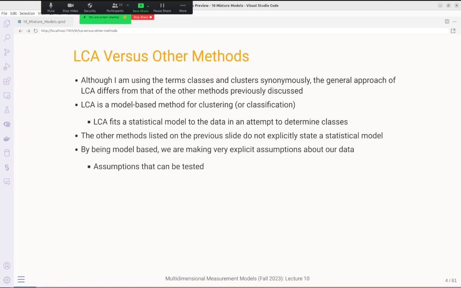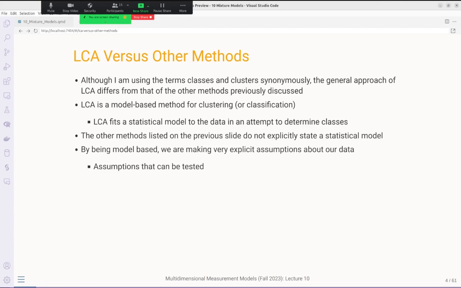So although I'm going to use the terms classes and clusters synonymously, this general approach of latent class analysis differs from some of the methods that I just mentioned on the previous slide. In particular, latent class analysis is model-based. Literally, you have to define a statistical model for one class and then generalize that across the classes that you're using.